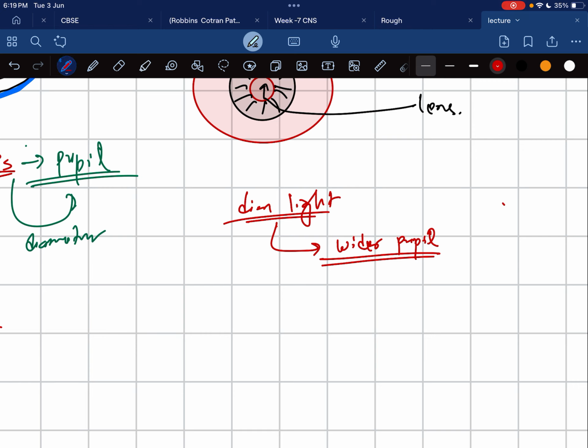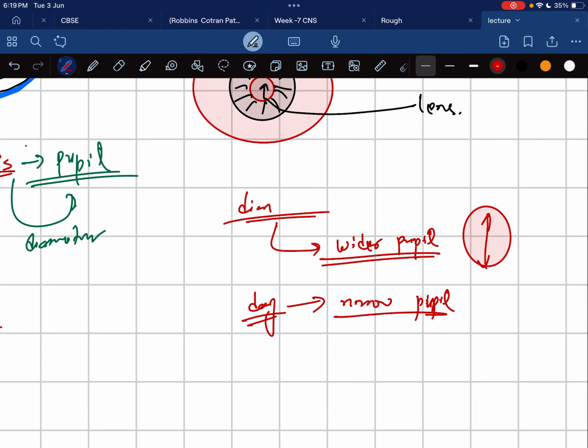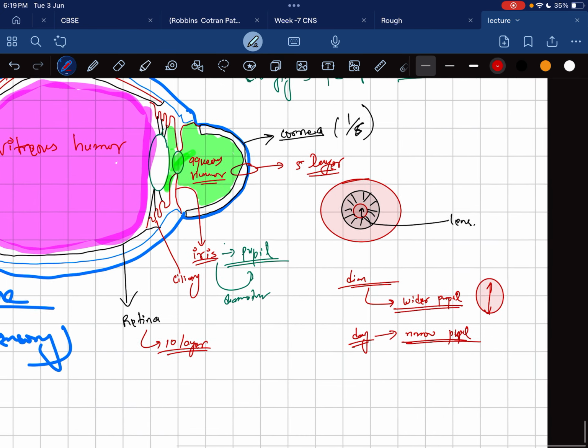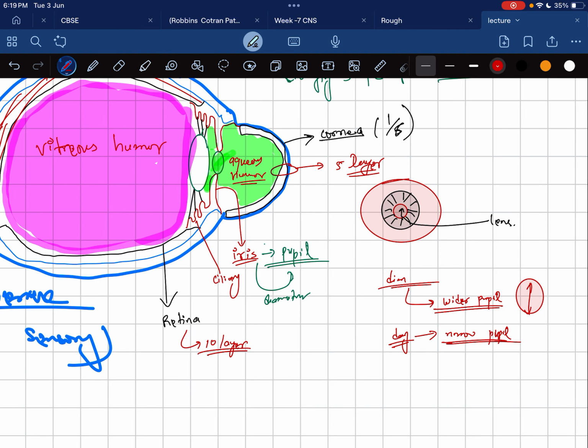In the daytime or in more light there is a narrow pupil. It is the action of the parasympathetic or sympathetic system, controlling the muscles.